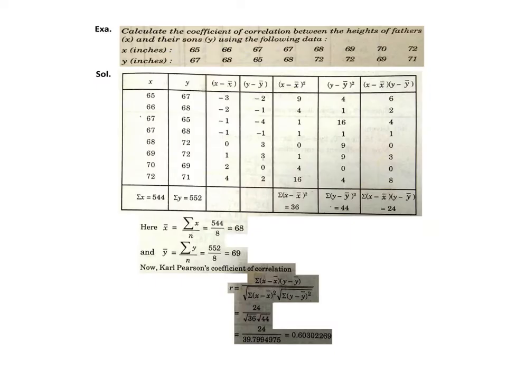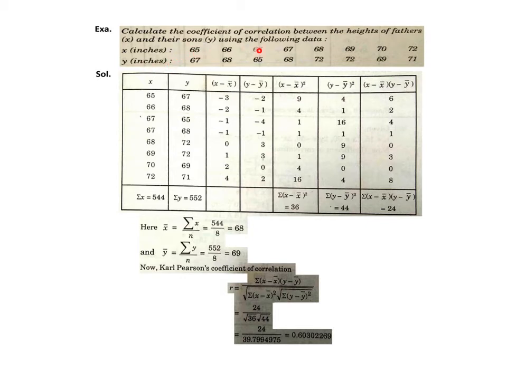Here you can see one important example to discuss all this. Two variables x and y are given: heights of fathers are given with variable x in inches, and the heights of their sons respectively are given in terms of y in inches.